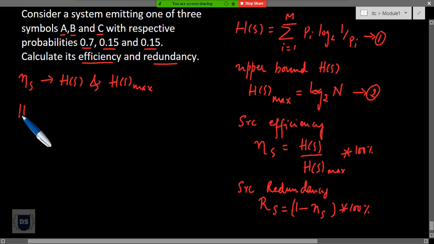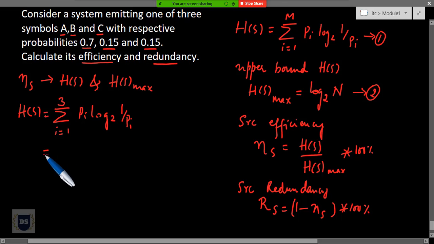So now what is this H of S equal to? By formula we already know that it's summation i starting from 1 to m, pi log to the base 2 of 1 by pi, and here what is the value for m? The value for m is 3, because I have 3 unique symbols. So my formula would be summation i starting from 1 to 3, pi log to the base 2 of 1 by pi.